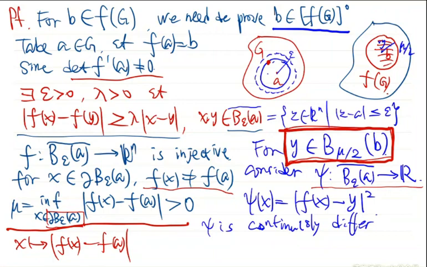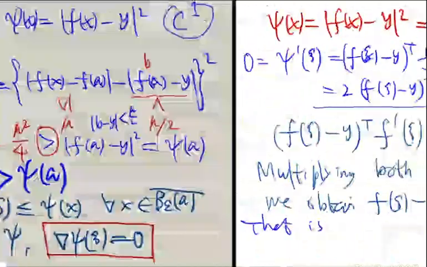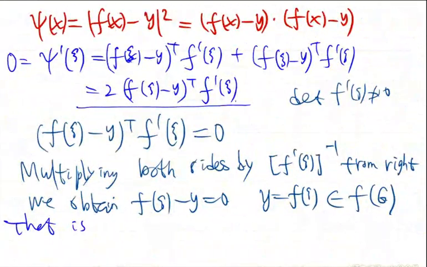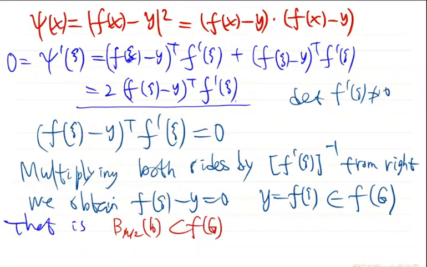So the image is an open set because every point B is an interior point. And proving our important lemma.